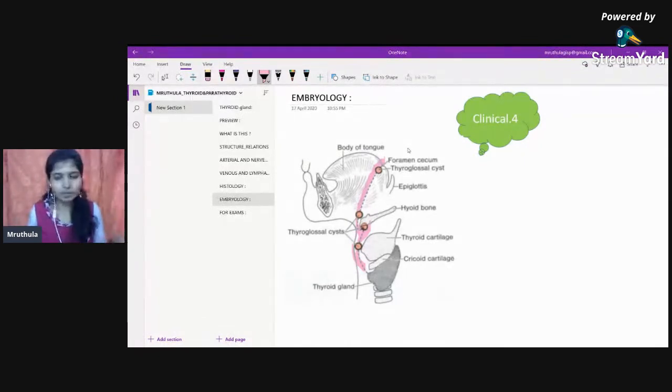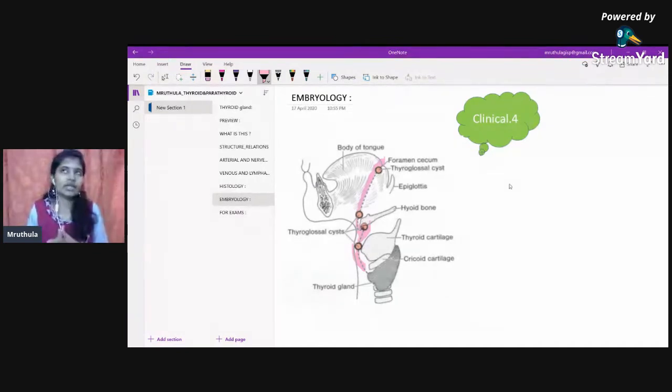Just like that, it will disappear. But sometimes the thyroglossal duct does not disappear. So it's not normal, right? It does not disappear, and what it will form is something called a thyroglossal cyst. If it persists in the fetus, and after the baby is born the thyroglossal duct is still there, we call it a thyroglossal cyst. Okay, so that is one thing.